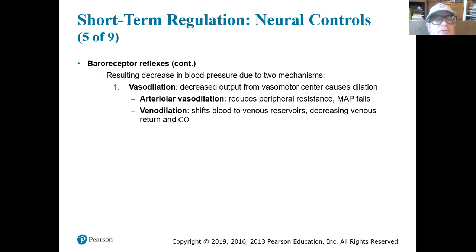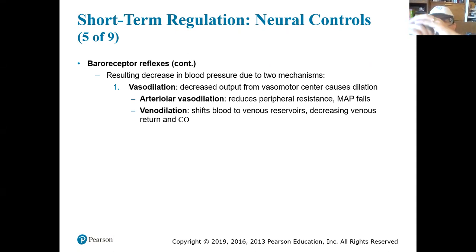Blood pressure. If we're trying to decrease blood pressure with baroreceptors, the main thing we can do is vasodilate in response to the signal that the pressure is too high. That could be the arterioles doing this, or it could be the veins. Either one.